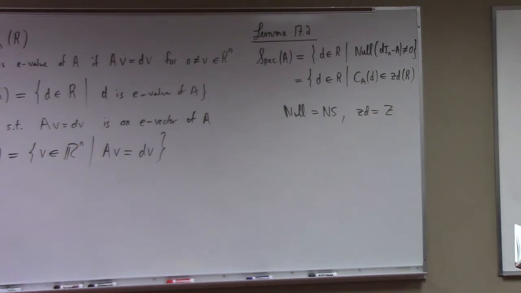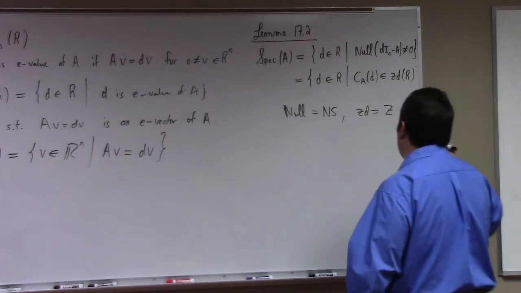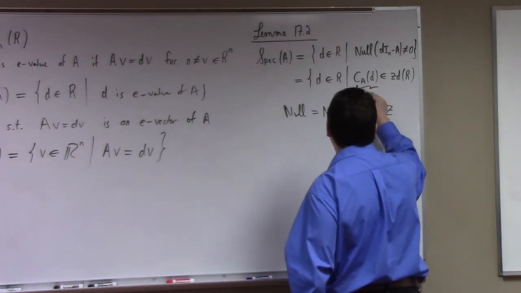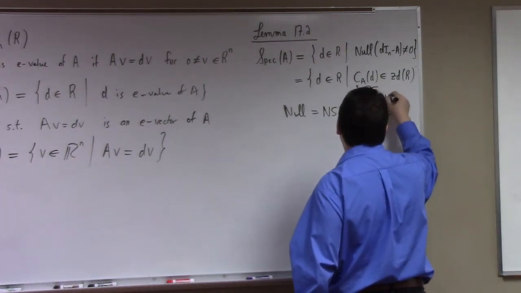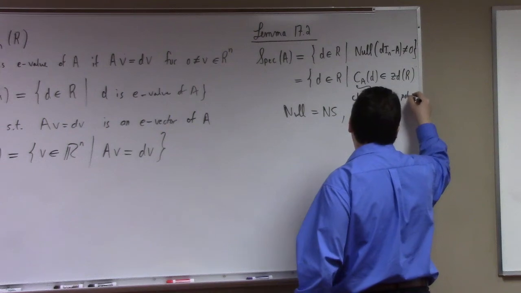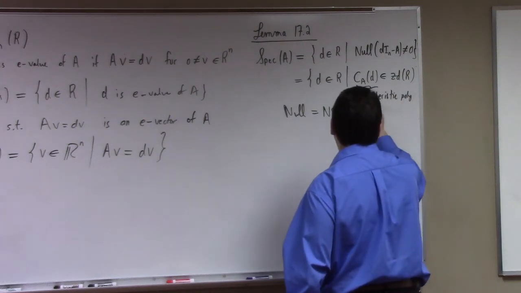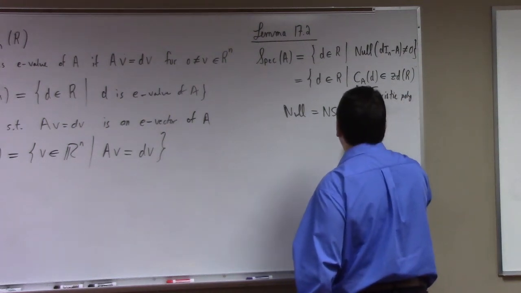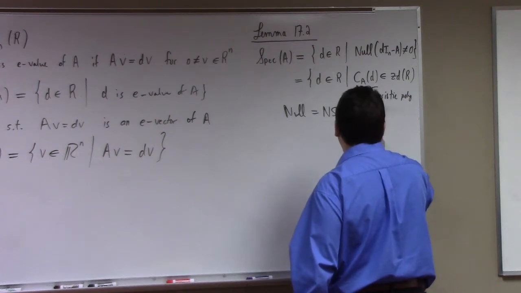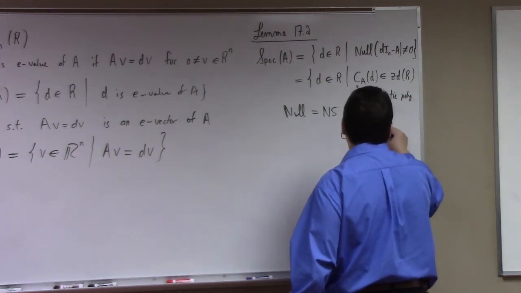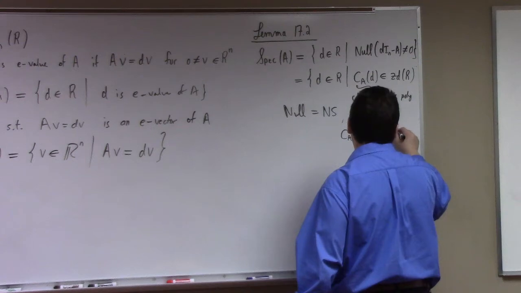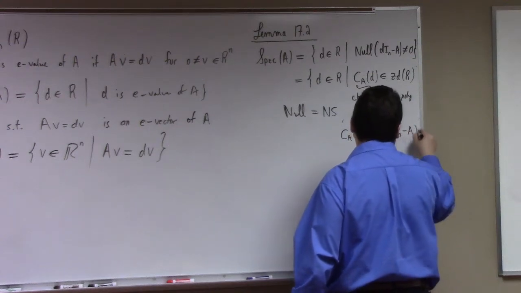That is the characteristic polynomial of A. So c_A of x would be the determinant of xI_n minus A, I believe.